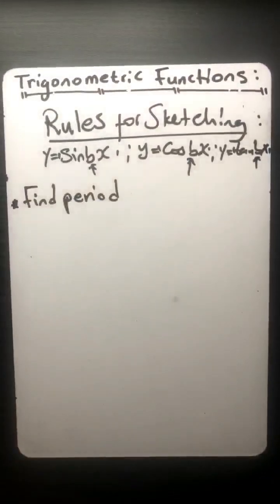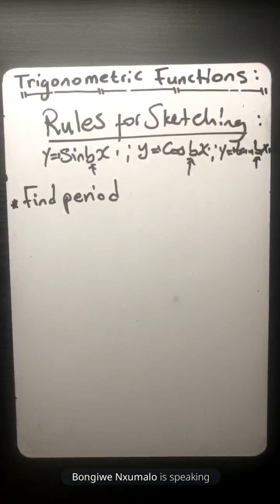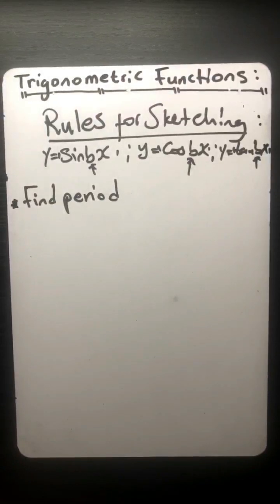Do you guys know how to find the period of a graph? Yes or no? No. So is it what you just explained? Is it like 180 over b? Yes. Exactly that.